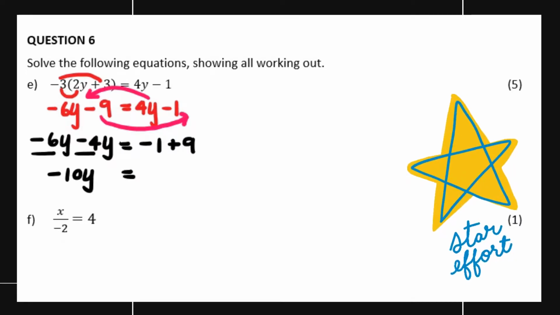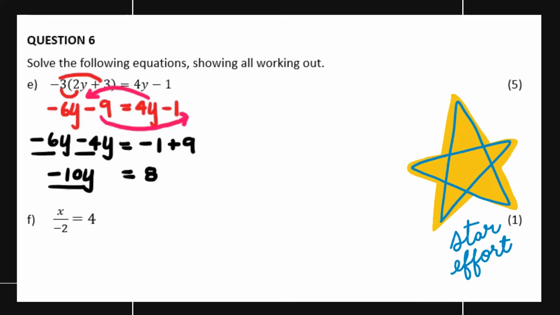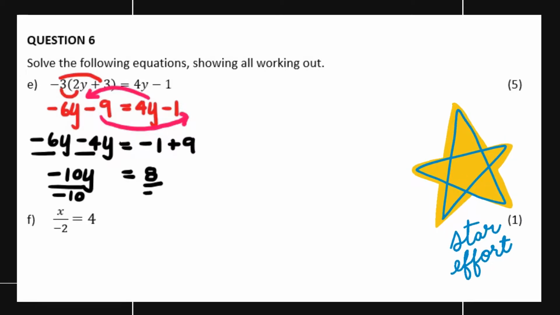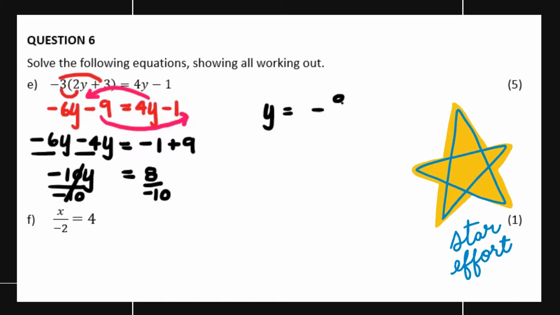And on the right hand side, negative 1 plus 9 is equal to 8. Here we will now divide once again by negative 10, as we want to remove the negative 10 from the y. If we do this, the 10s will cancel out and we will be left with y, which is equal to negative 8 over 10.